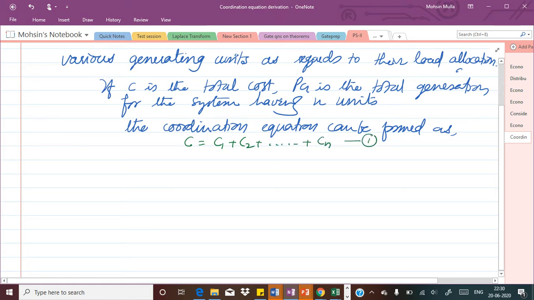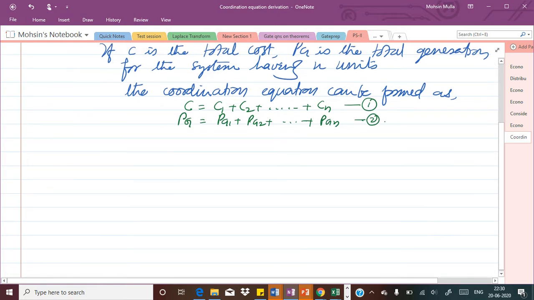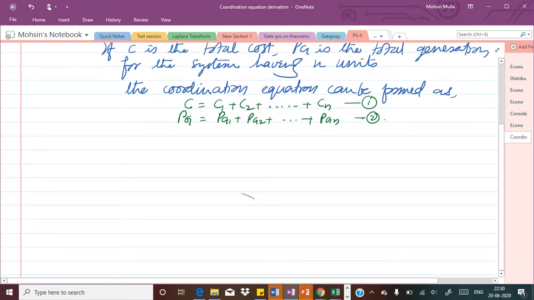Let this be equation number 1, and Pg will be equal to Pg1 plus Pg2 plus so on up to Pgn, equation number 2.